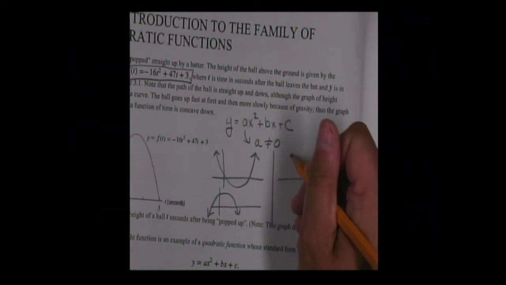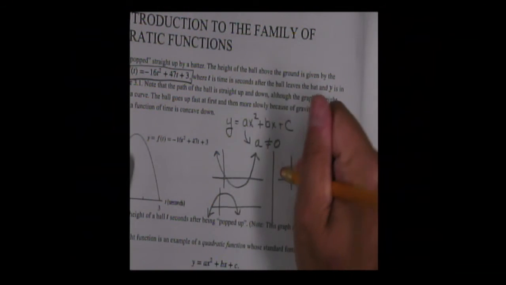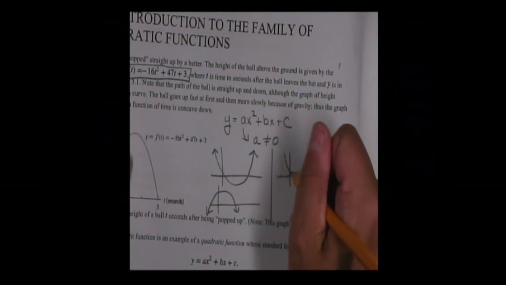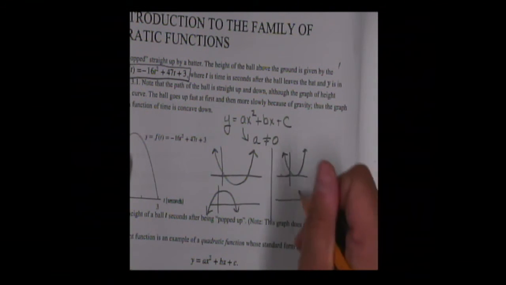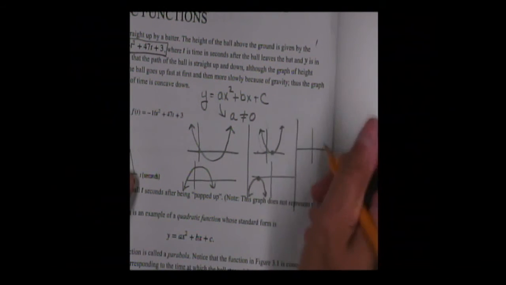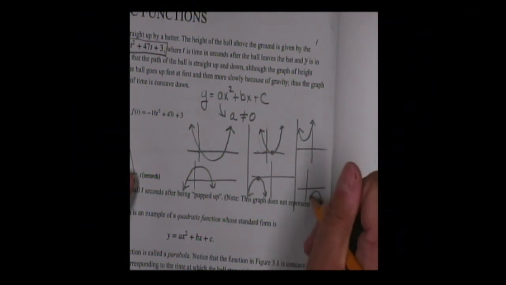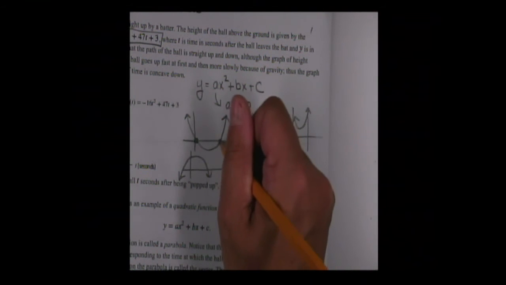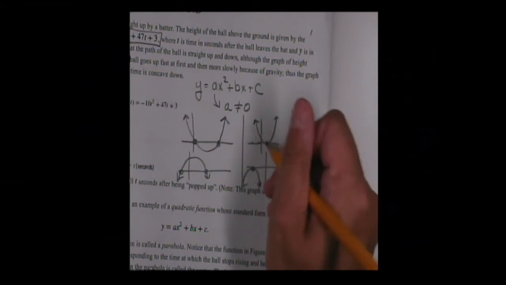Or they can look like, let's shift it around a little bit, that or that. Or the third thing that can happen is they can look like one of those two. Those are the 3 situations. They either cross the x-axis twice, or they're just tangent to the x-axis, touching it once, or they never touch the x-axis.